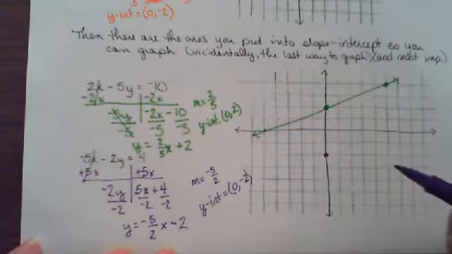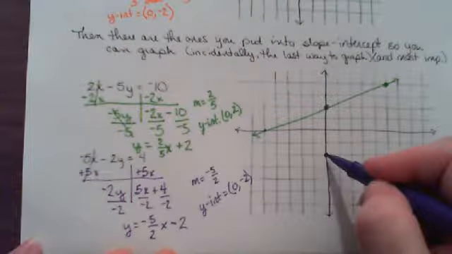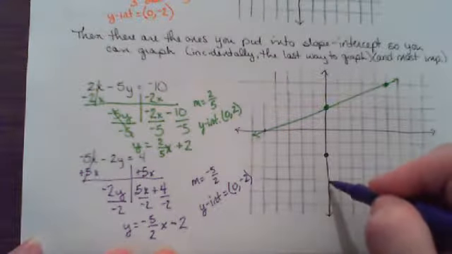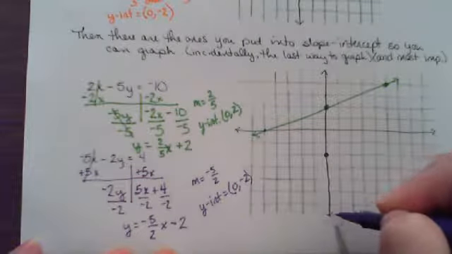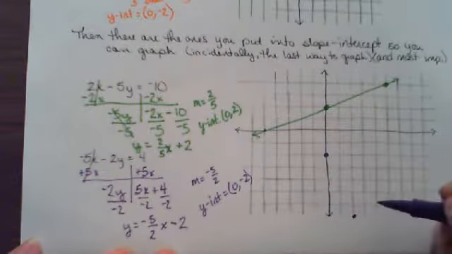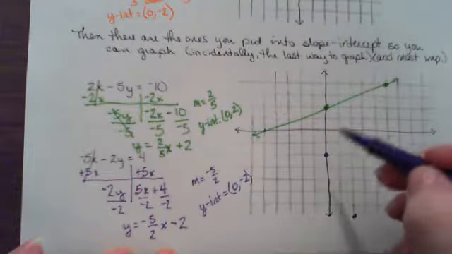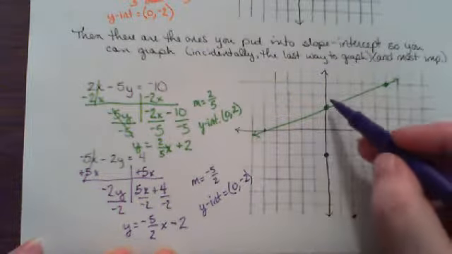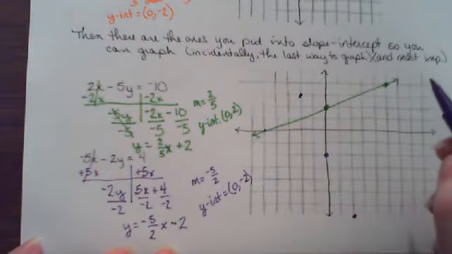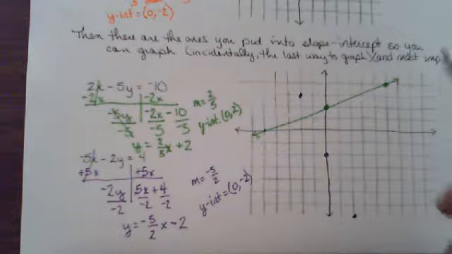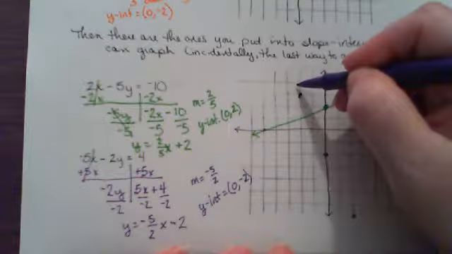So I start down here, and then I go down 5, 1, 2, 3, 4, 5, almost off my graph, and then to the right 2. So to make sure I get it right, I'm going to go up 5 also, and to the left 2. That way I know that I've got them lined up correctly.